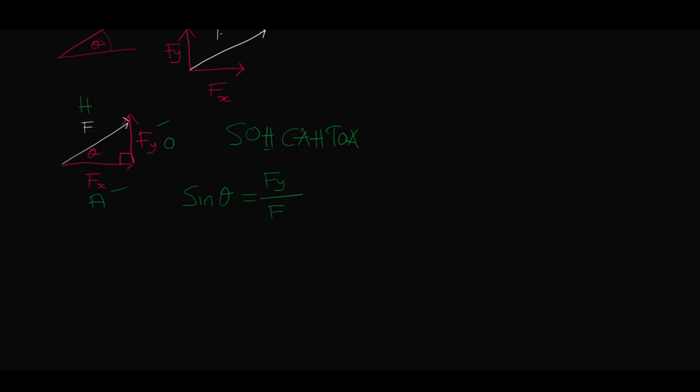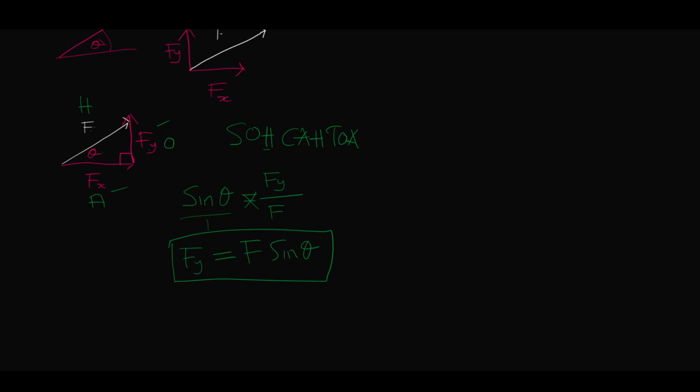And making Fy the subject of the formula, because this one will be over 1, if we cross multiply, we are going to have Fy times 1, which is just Fy, is equal to F times sine theta. So this is an expression for the vertical component, which is the y component, or Fy.